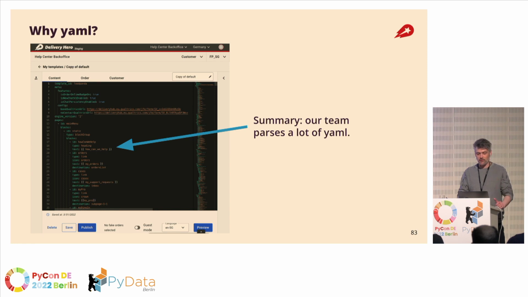Some of them can be hundreds of thousands of lines long. So in summary, the team I work on parses a lot of YAML. And one of the slowest endpoints in that application is the endpoint which validates that this YAML structure is correct.